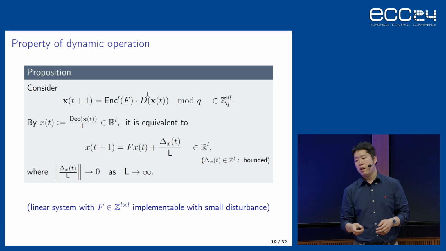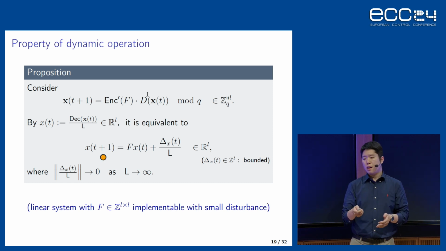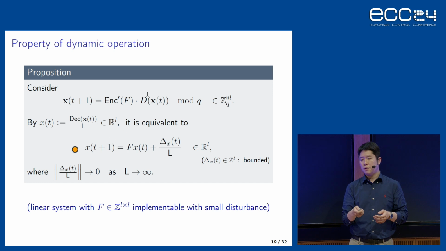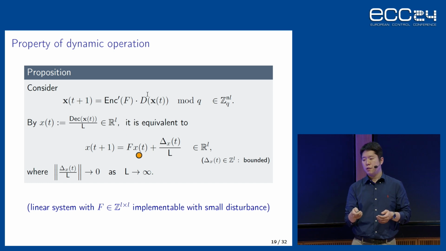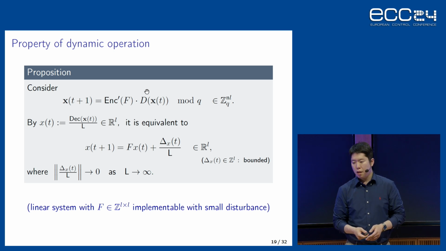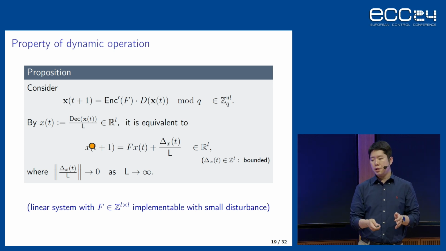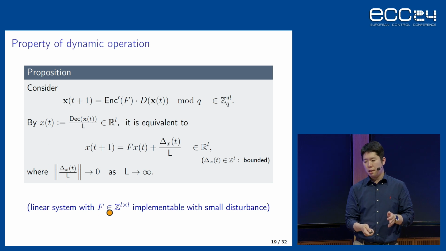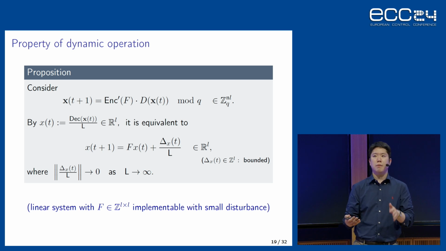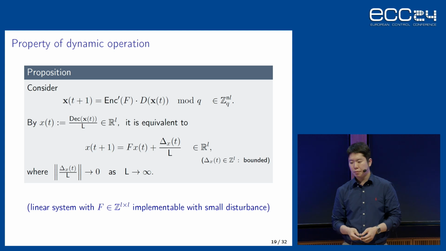Which means, by choice of parameters, the performance of the encrypted system is equivalent to that of the real system, consisting of the real state vector and the state matrix. So this is the message. Based on this method, linear systems having a state matrix consisting of integers are implementable over encrypted data, where both the state matrix and the state can be encrypted.